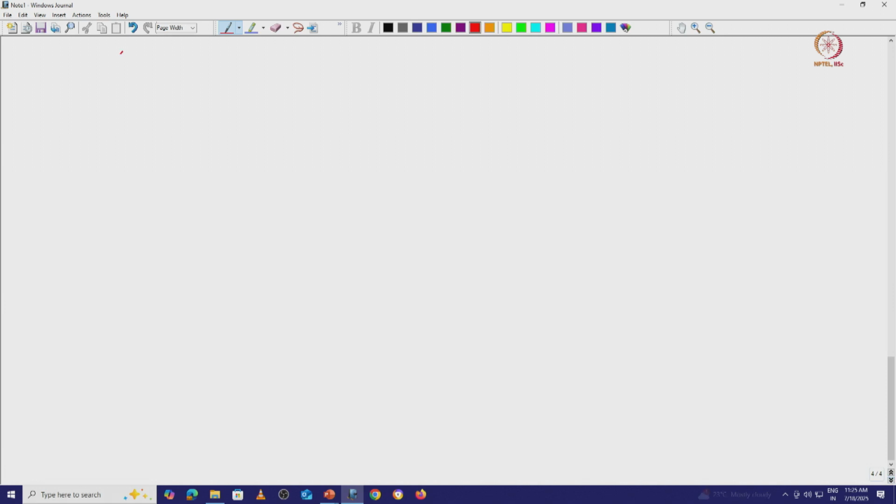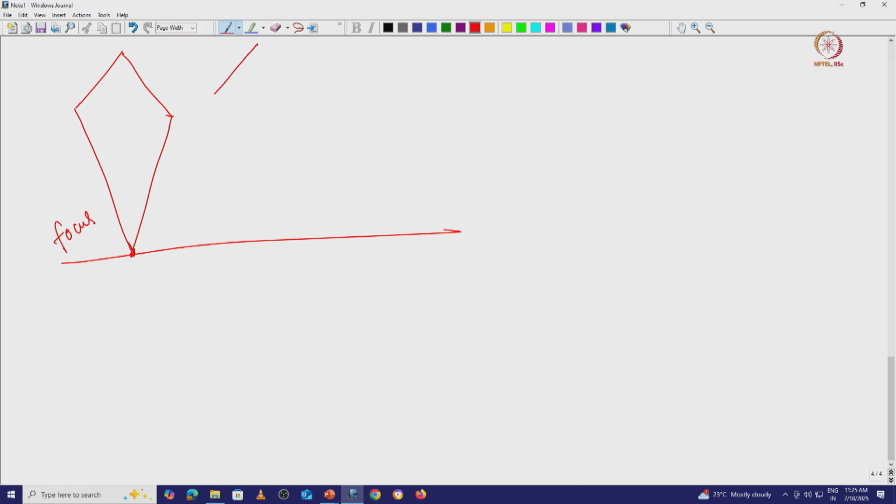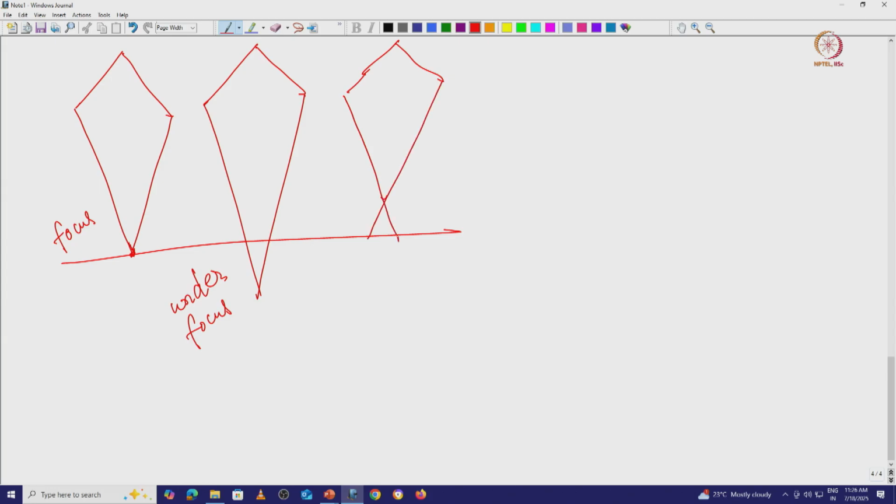discussion. So when we have a sample, when all the image comes and forms at one particular point, if it converges here, that is called the focus. Here again, that is called under focus. That is called over focus.